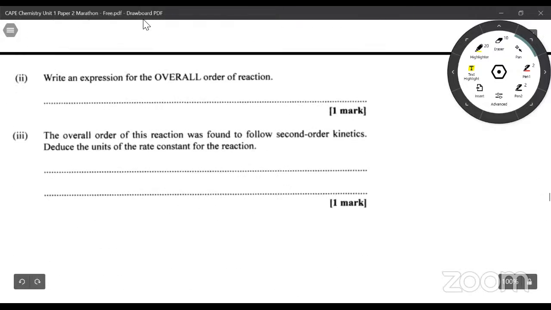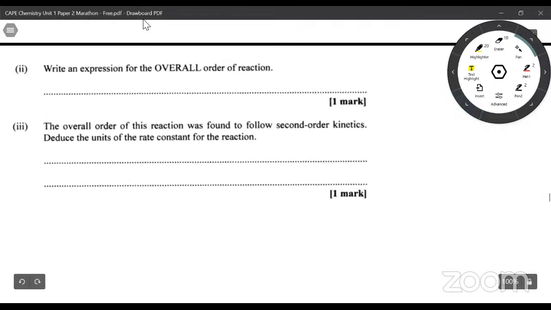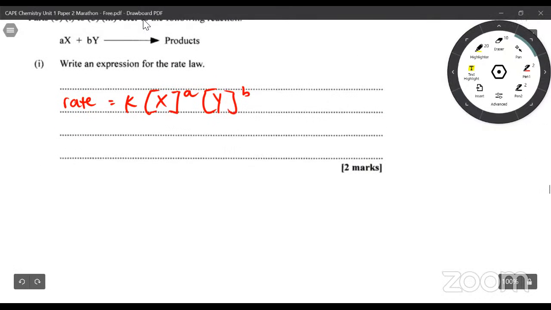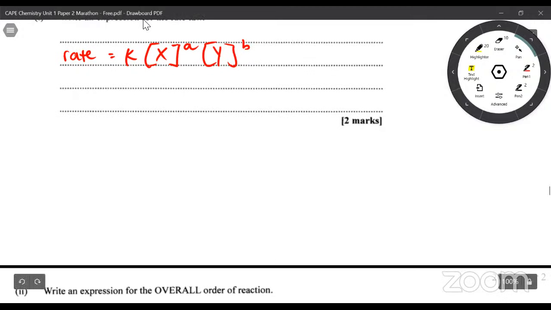Now write an expression for the overall order of the reaction. The overall order of the reaction would be the total, or the sum, of the orders with respect to each reactant.